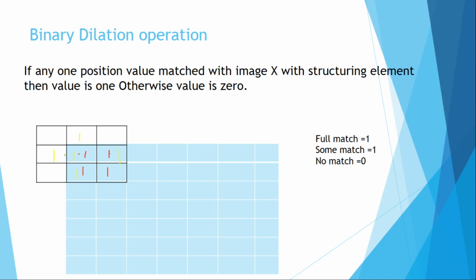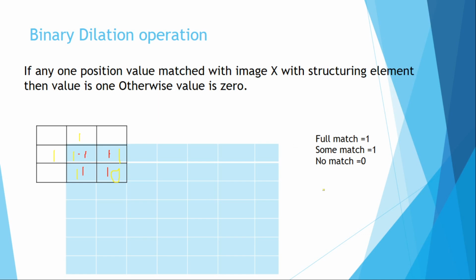Here the structuring element is 0, not filled. We have to observe that if any one of the values matches the positional values, then the dilation operation goes for 1. Since it is an OR operation, if any one of the values is 1, the output of the logical OR will be equal to 1.